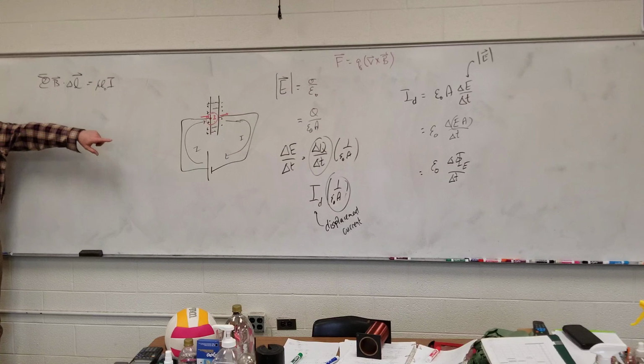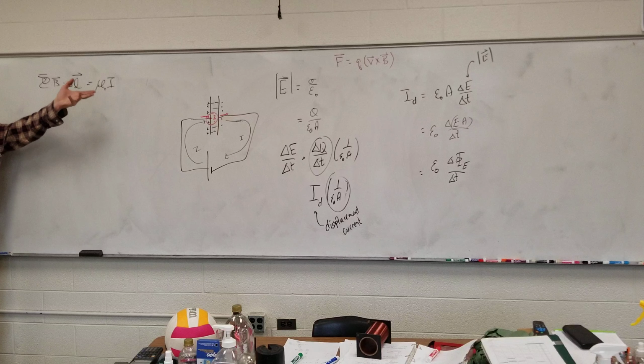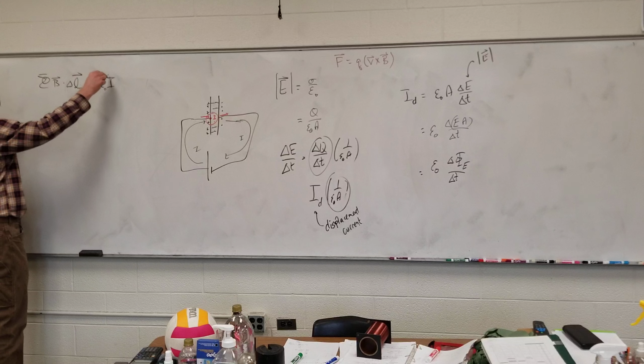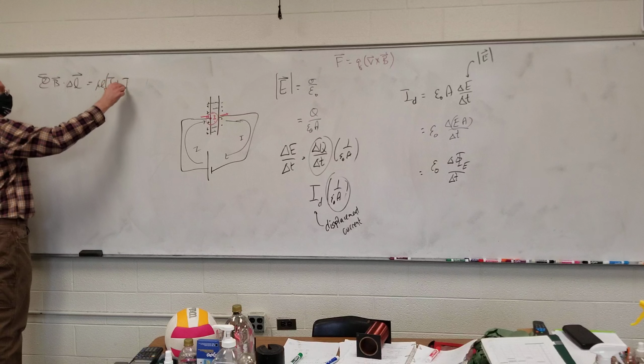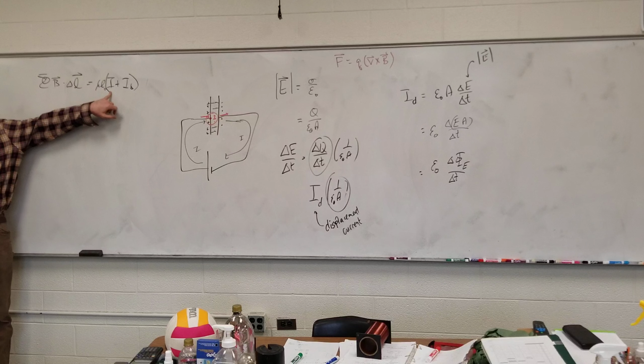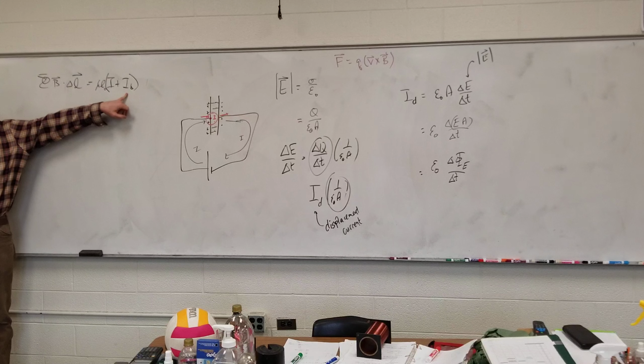Maxwell comes along, goes through this bit, more sophisticated, and says, well, actually, we've got two currents involved here. We've got the traditional current dealing with charge flowing past a certain point, and then we have this displacement current. And so what Maxwell does is he separates them. We have the normal current that we've been dealing with, and then we have this new kind of current.